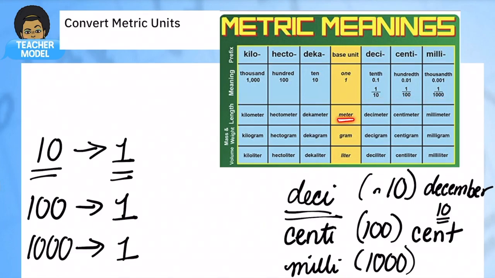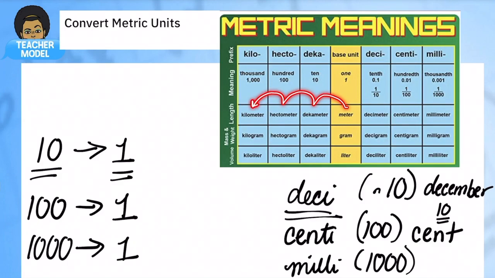Now in the other direction, we have deca. The decameter is 10 times, so there are 10 meters in a decameter. A hectometer is 100, so there are 100 meters in a hectometer. And a kilometer, however you want to say it, it's 1,000.